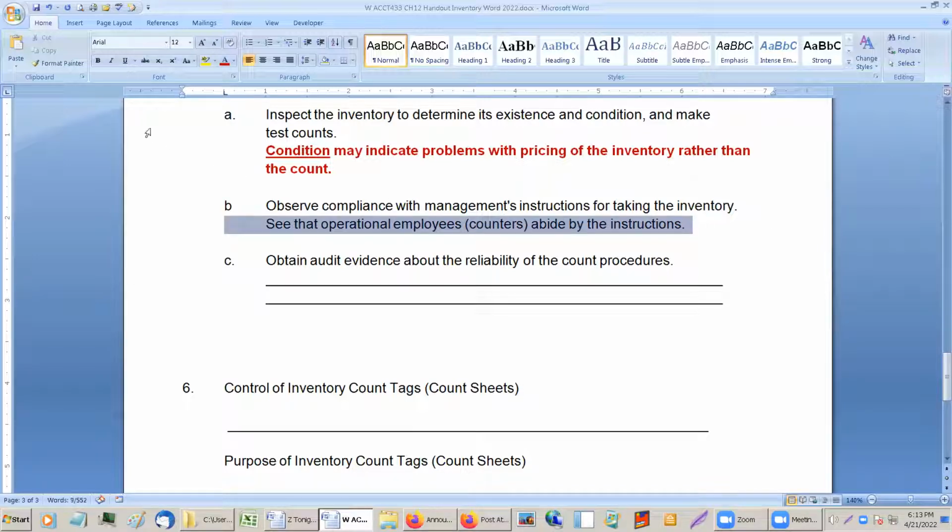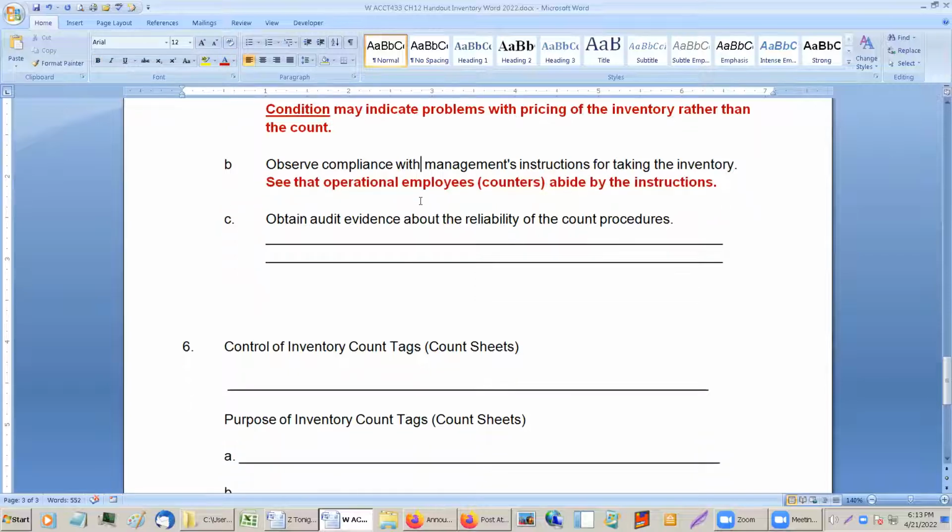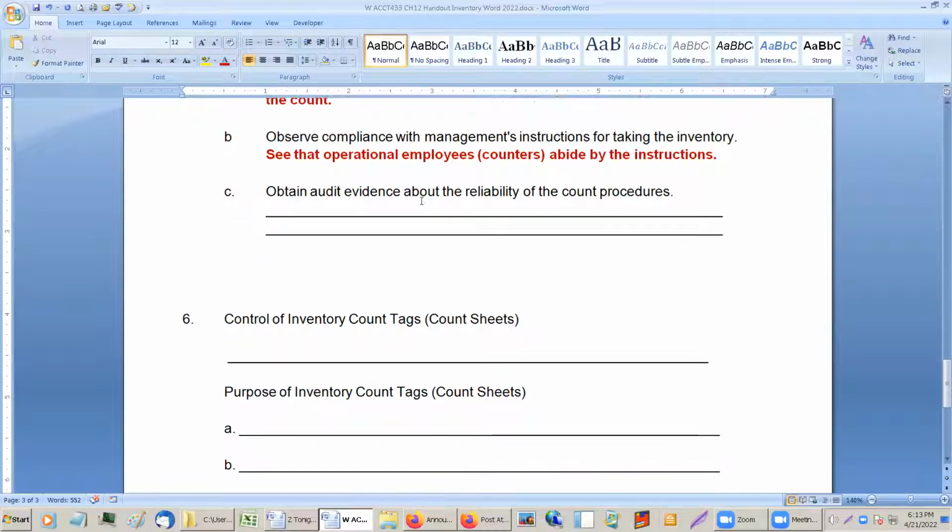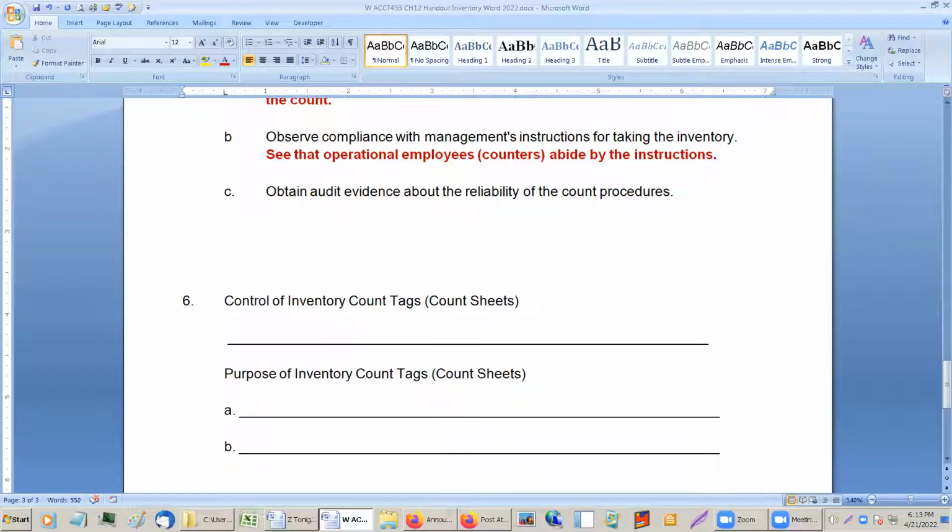Obtain evidence about the reliability of the count procedures, and for the most part, this is going to be test counts.